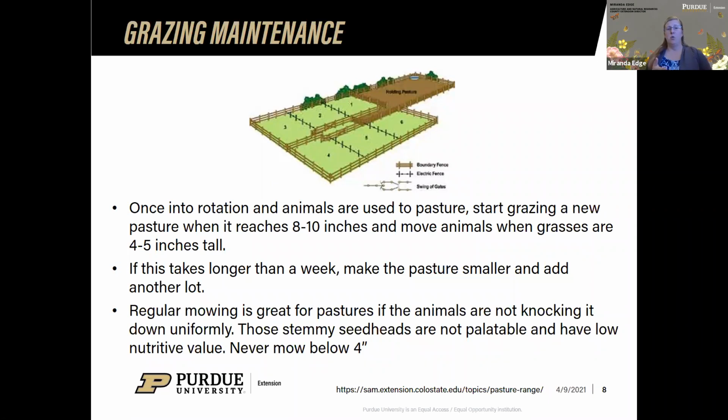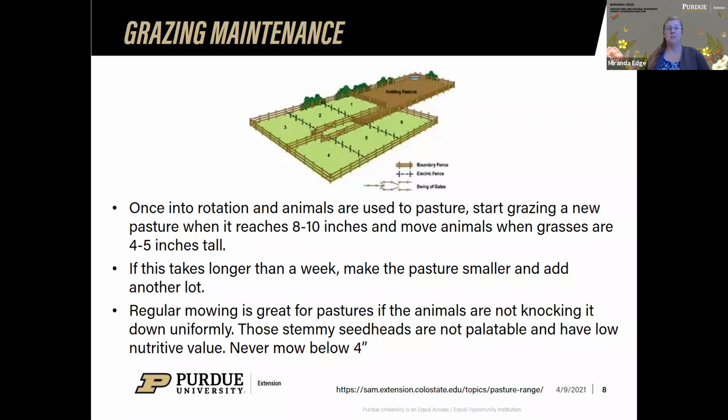This allows, of course, for those spaces that they're not grazing to be able to recharge, to regrow, and have a good establishment before we put them back on. If you're not able to get rotated through all of your pasture area before they get above that 8 to 10-inch mark, and you know that the nutrients within that plant are starting to go back down, it's a good thing to do some regular mowing so that it is a uniform cut across.